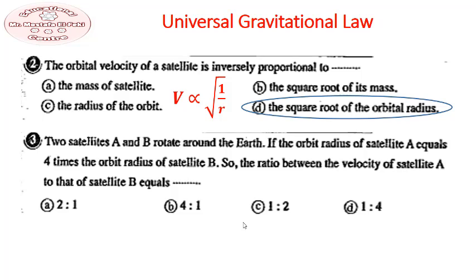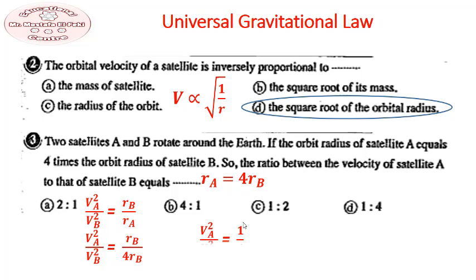If the orbit radius of satellite A equals 4 times the orbit radius of satellite B, then the ratio between the velocities is, since the radius of A equals 4 times the radius of B, the relation between them is inverse. Then by substituting RA for RB, V squared divided by V squared equals 1 over 4. Then V of A divided by V of B equals half.